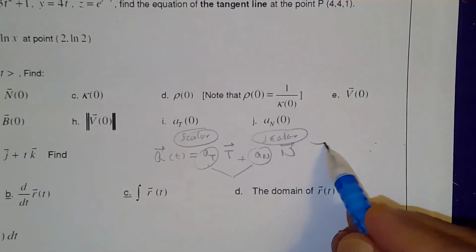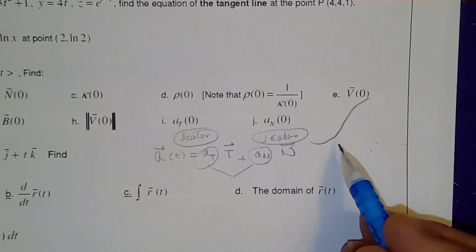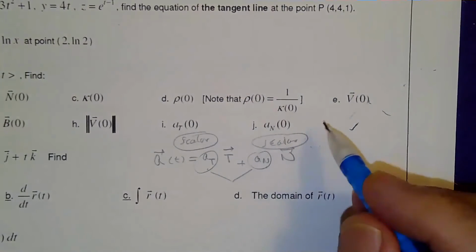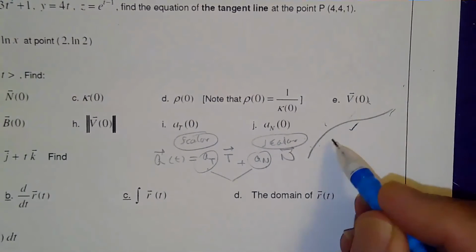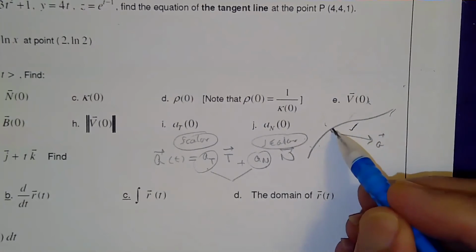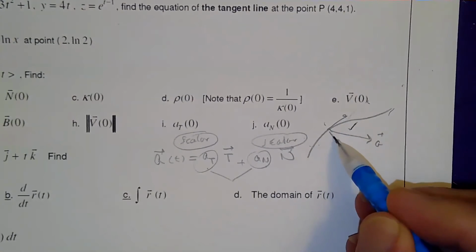The purpose of that is what? You know it. Remember, we talked about this, that if you had a curve and you were going to draw the acceleration on that curve, you could decompose the acceleration into two components, correct?